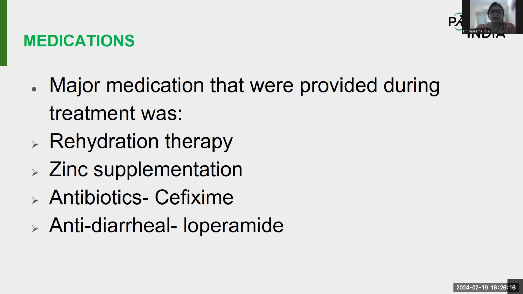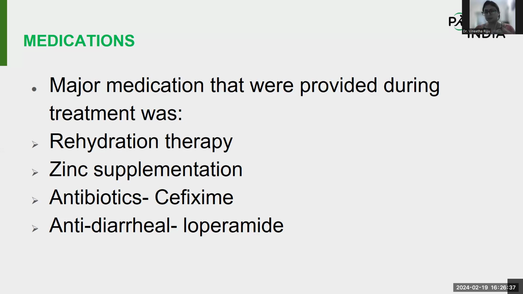And again, I'm not sure if cefixime was needed over here because the patient was not having any fever, isn't it? So maybe we could have tried with ORS, we could have tried with Sporolac and zinc supplements.